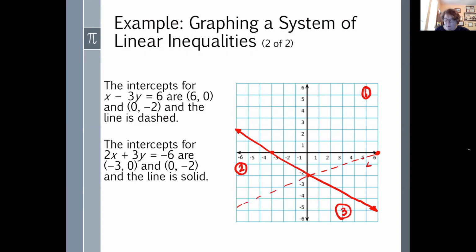And region 4 would be where it's below the dashed line, but above the solid line. So I need to decide which of these 4 regions is a solution to my system of linear inequalities. And to do that, I can just pick a test point and see if it satisfies my system of equations. And the easiest test point in this case to pick is (0, 0).